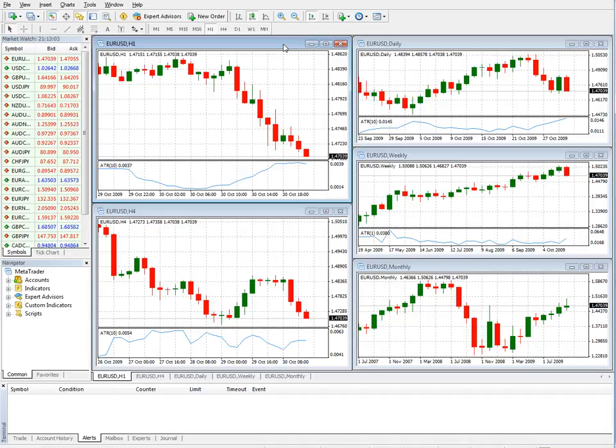We're going to run into more indicators. You're going to be introduced to more indicators. We're going to talk more about trading without indicators, so there's tons of possibilities here.